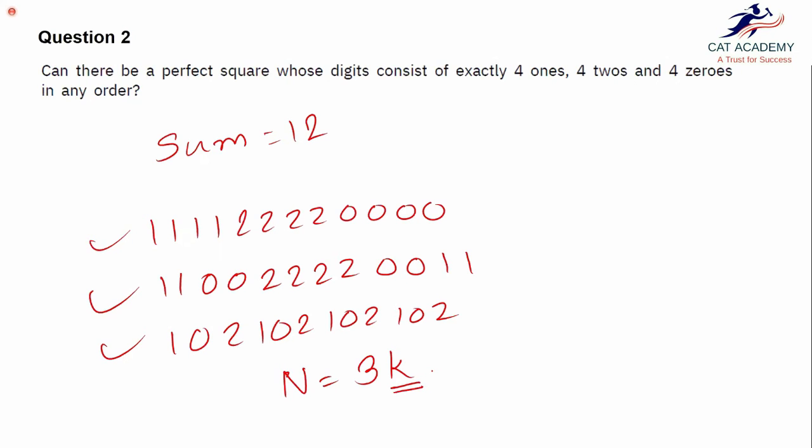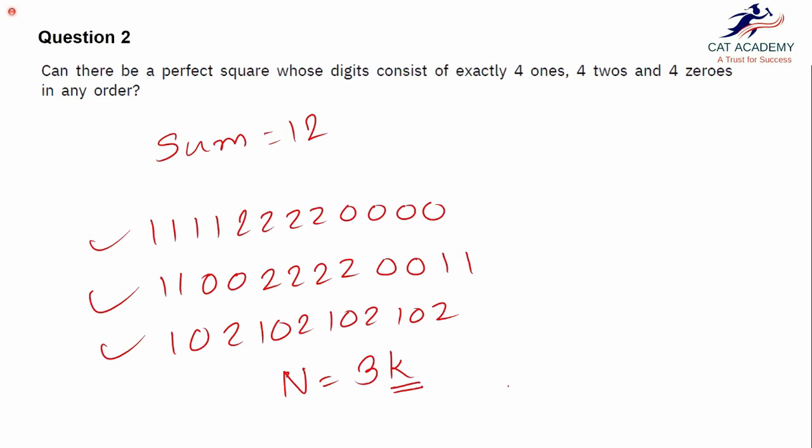Even in that case, my 3 would be left alone. So the square root of this number would be root 3 into root k. Let's say the square root of k is m. Even in that case, my square root would be root 3 times m. So a perfect square is not possible, because any number that is divisible by 3 but not divisible by 9 can never be a perfect square.